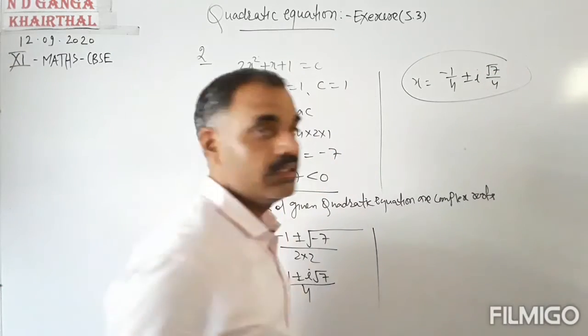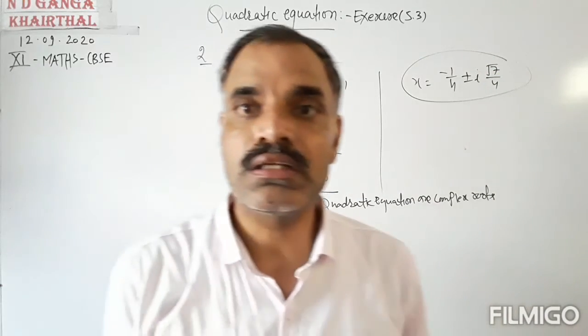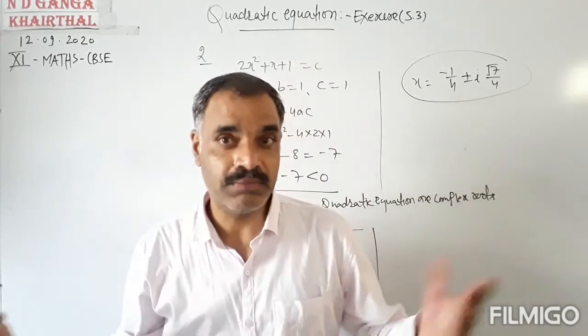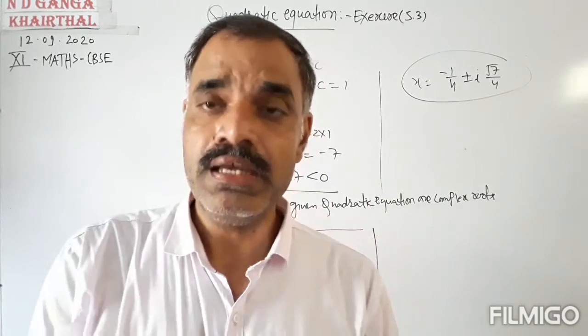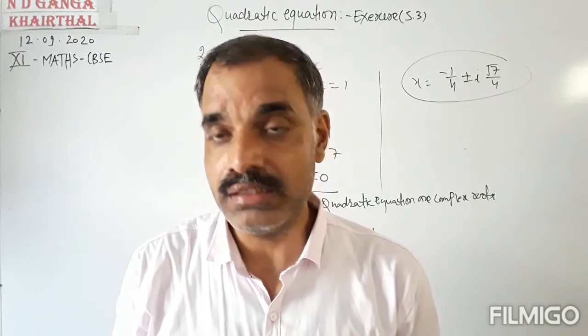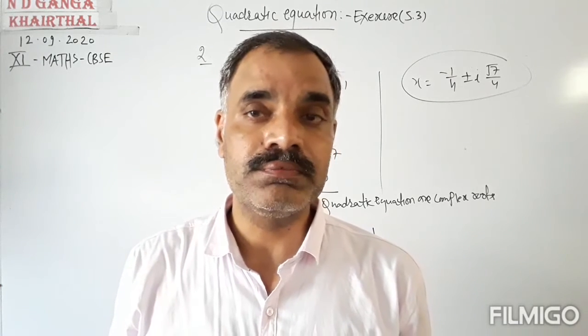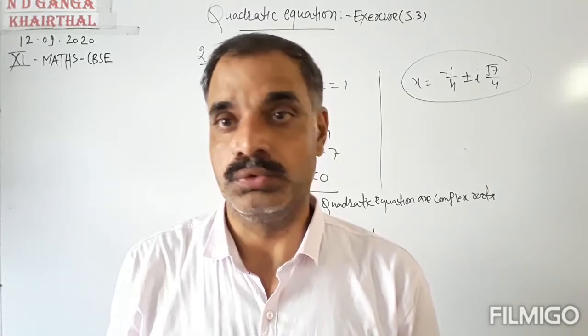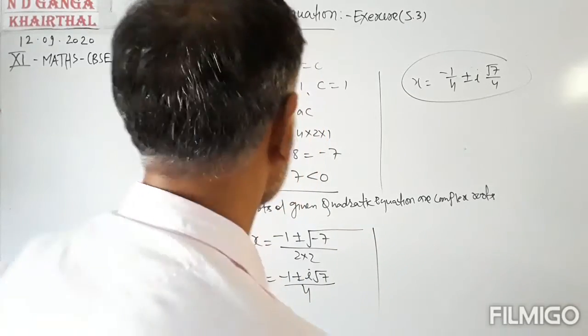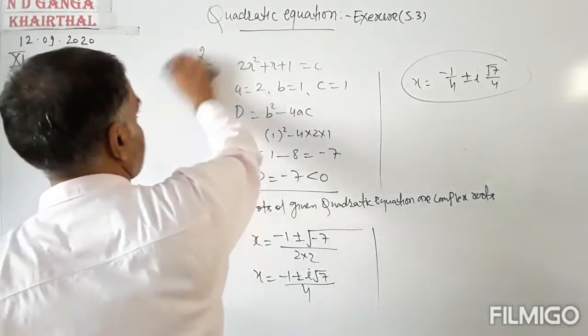So these are the complex roots of the given quadratic equation. Very simple method, the method is the same as in class 10th, only we have complex roots. So this was question number second.